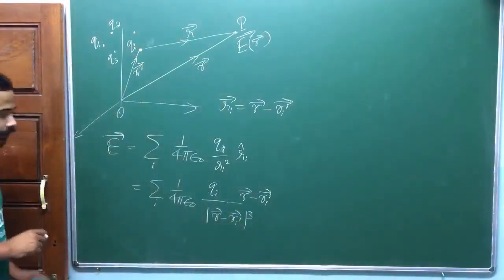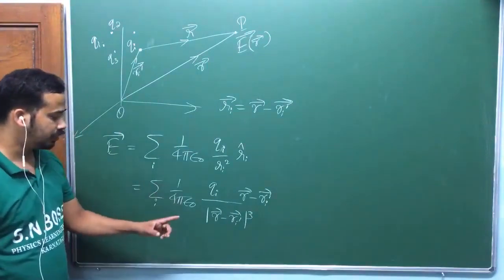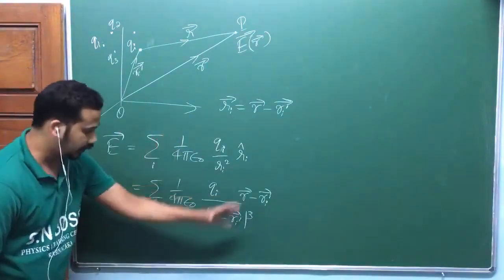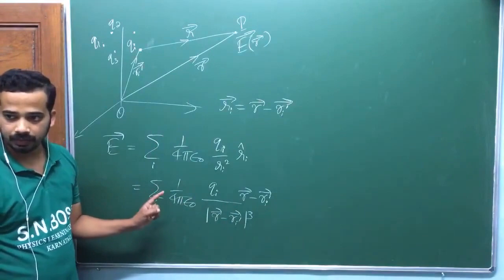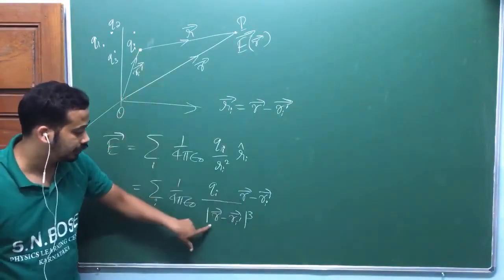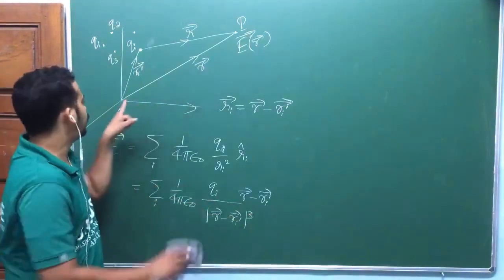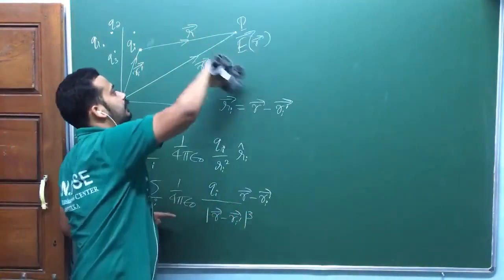Now what I am saying is, while doing the summation, or after you have done the summation, if you move in space, this will change, this will not change. If you move in space, the position vector of this P will change.